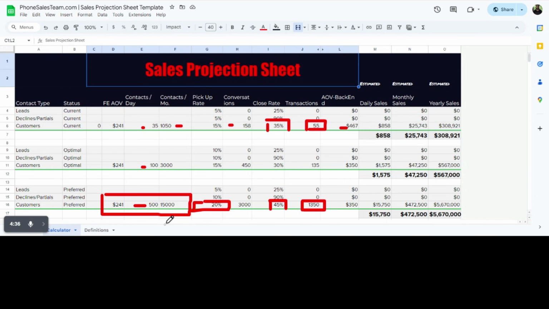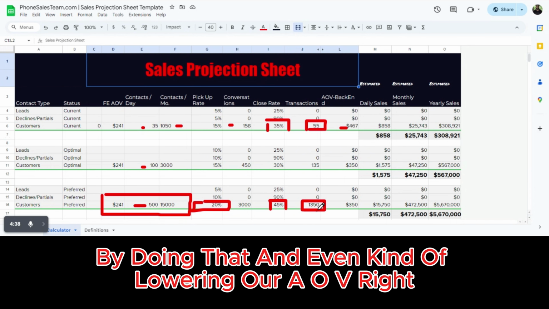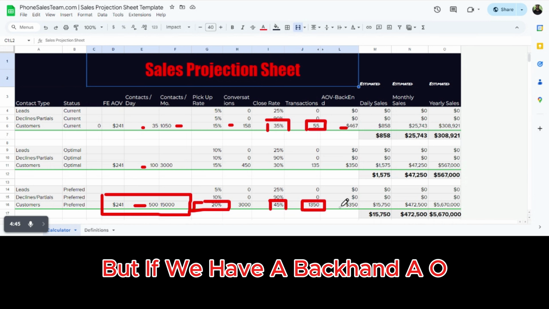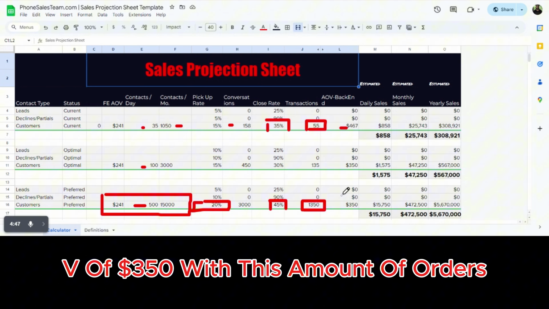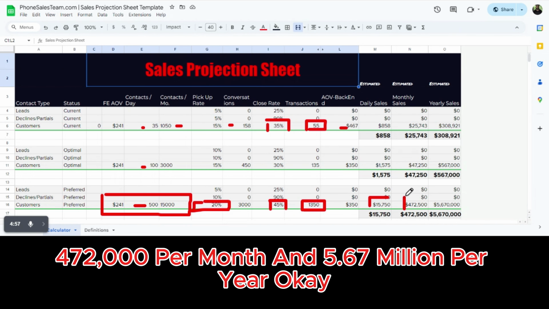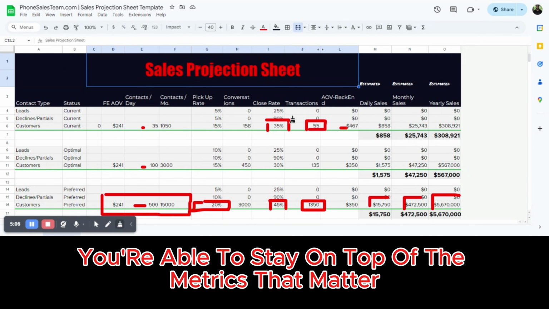And by doing that, even lowering our AOV, because we like to maintain it above 500, but if we have a back end AOV of $350 with this amount of orders, we're going to be making $15,750 per day, $472,000 per month, and $5,670,000 per year.